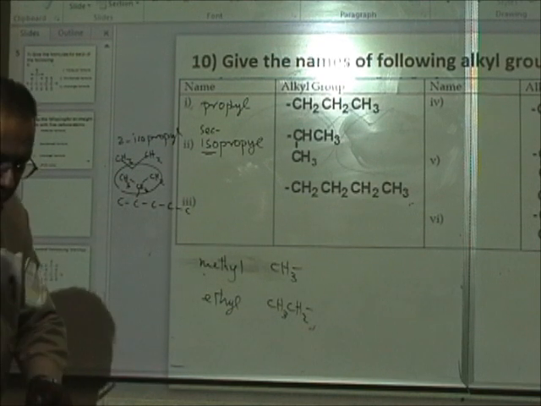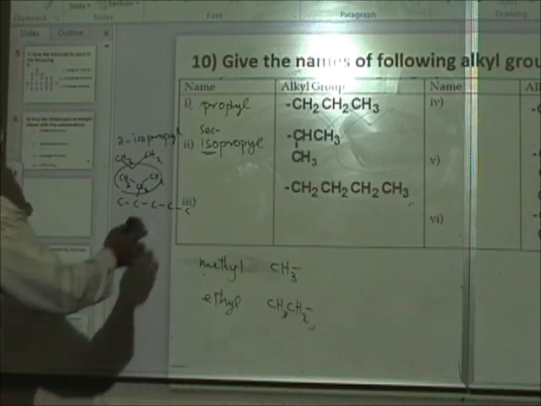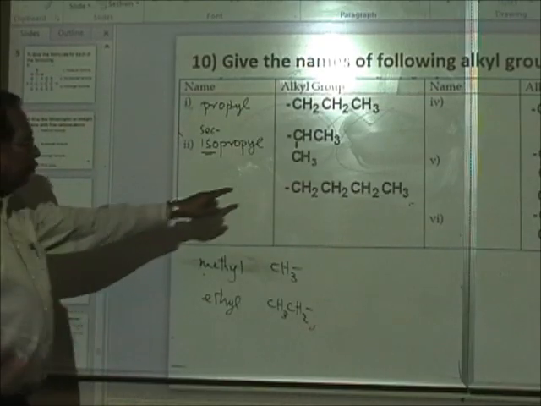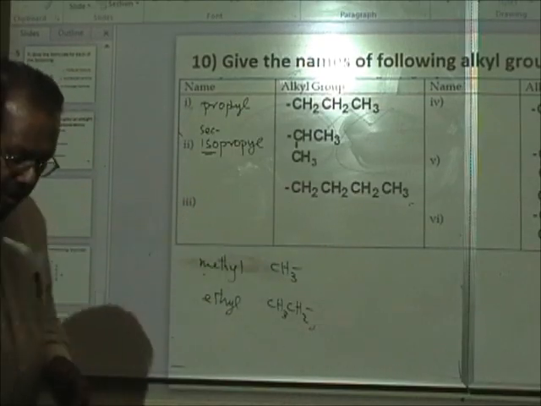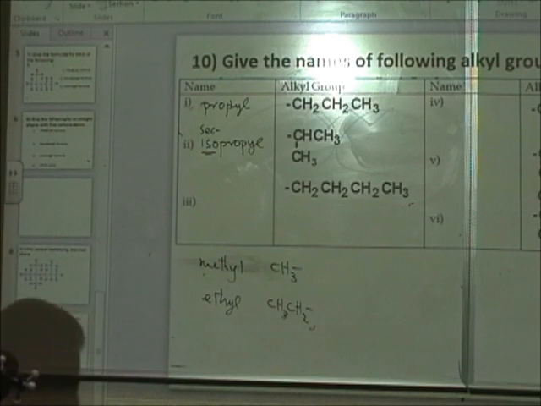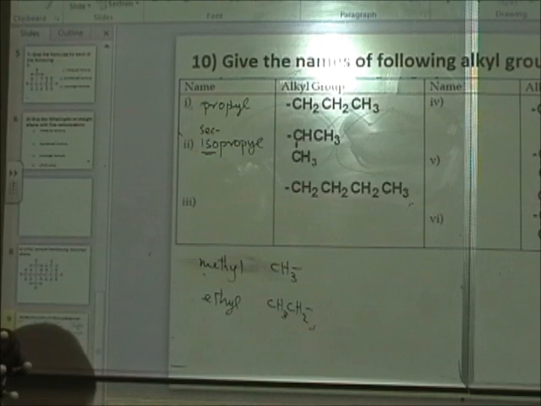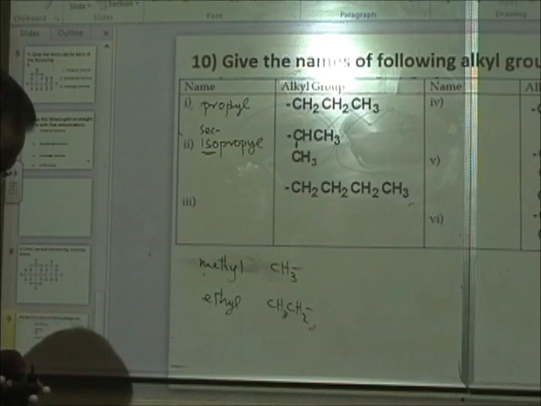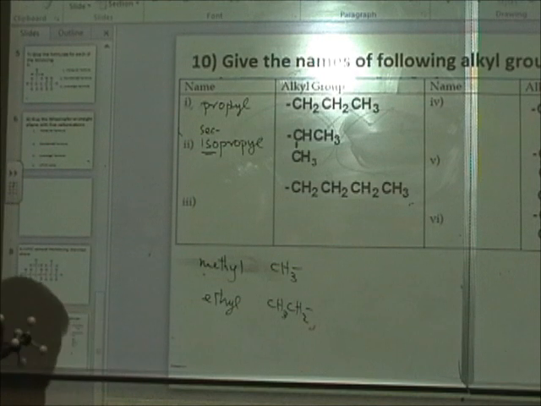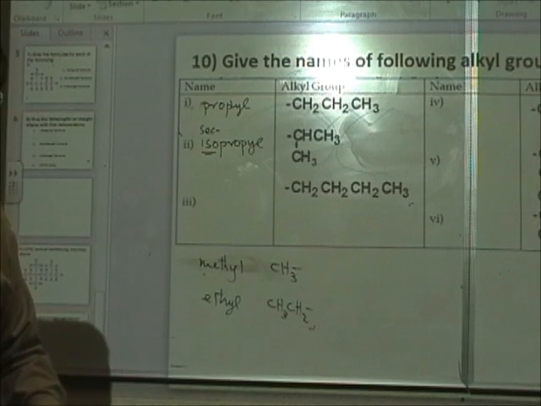I'm just showing how we use that in naming branch alkanes. Now this one came from butane. Why did that alkyl group come from butane? Because there are 4 carbon atoms, right?